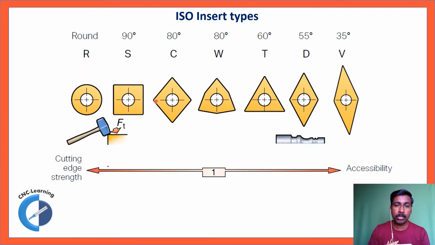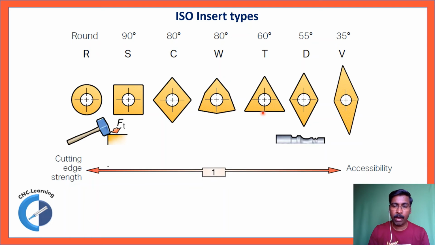In C you also have the other 4 corners for different purposes with different holders. T has 6, but compared to W, this is a weaker structure. So where you can use W, you have to use W. And here you have more accessibility and the cutting load will be less.